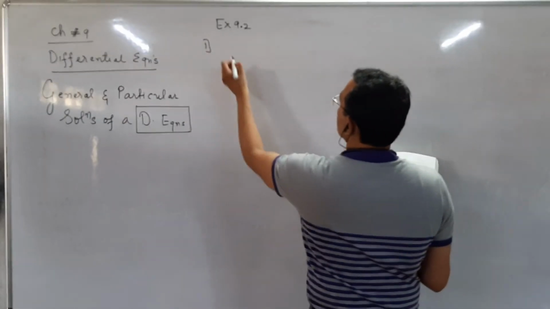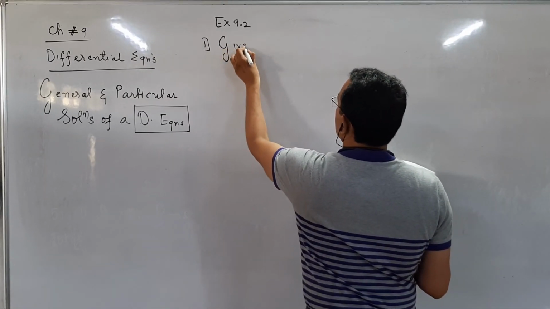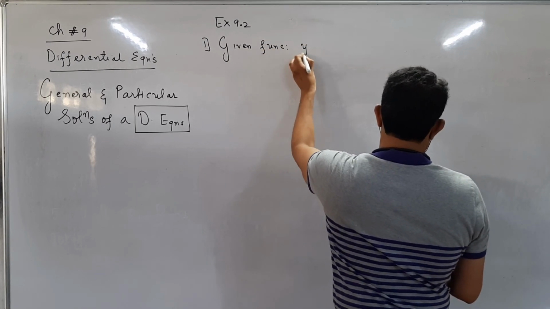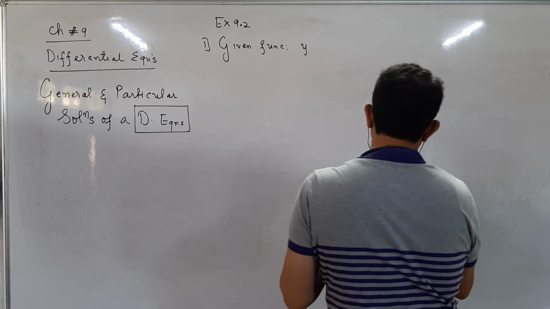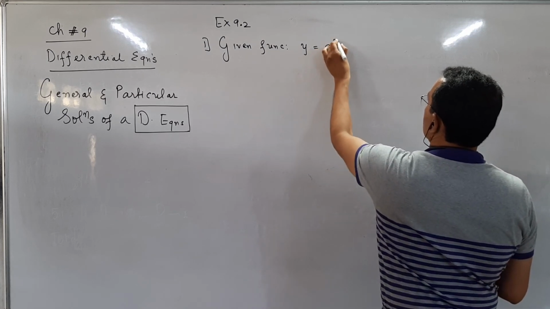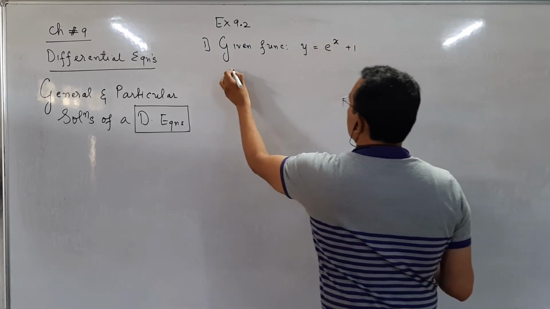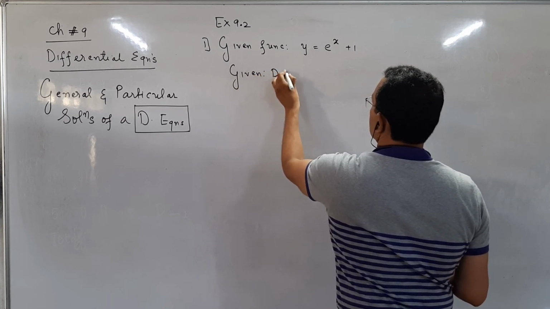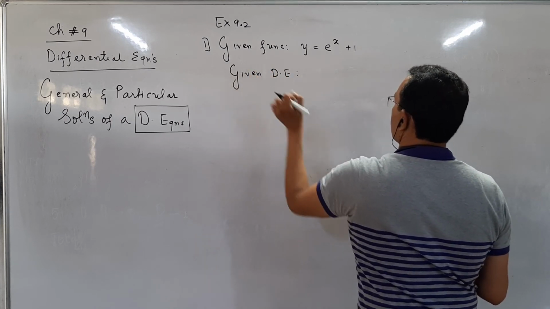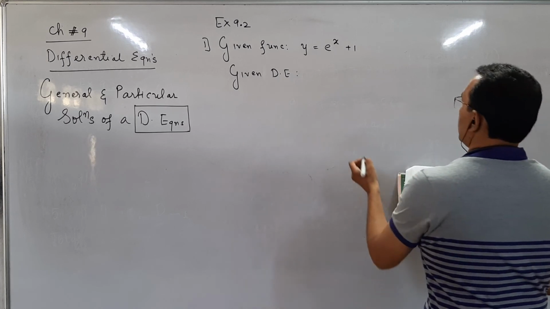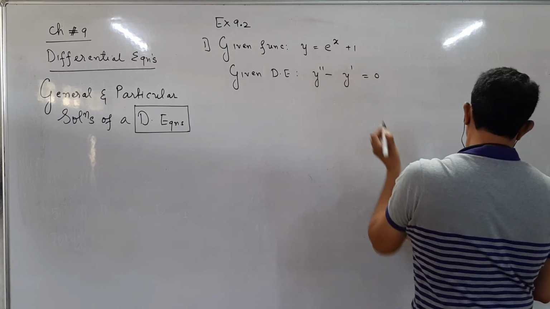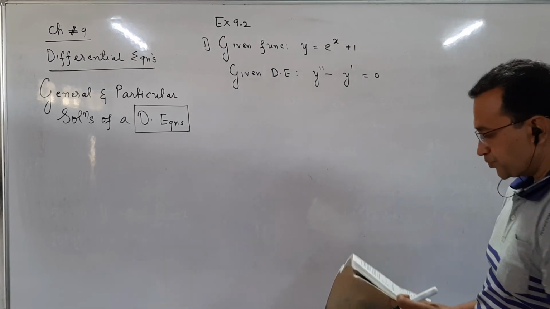What is the given function? The given function is y is equal to e raised to x plus 1, and the given differential equation is y double dash minus y dash is equal to 0.